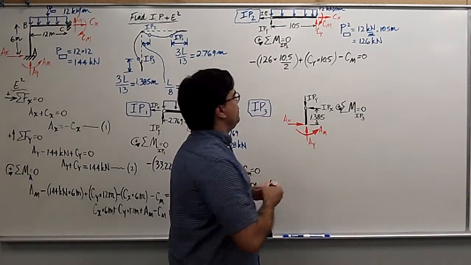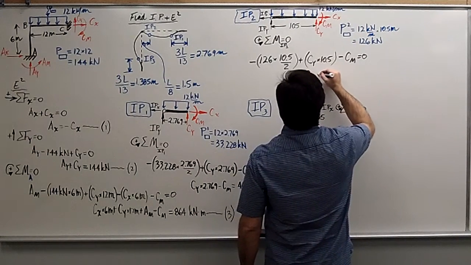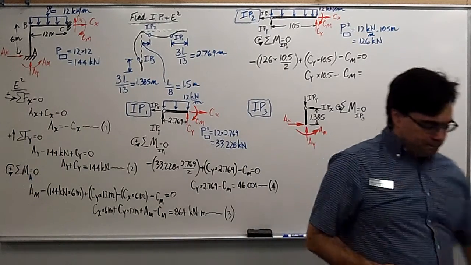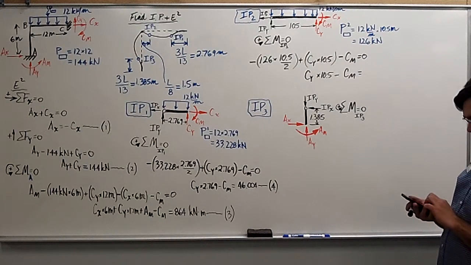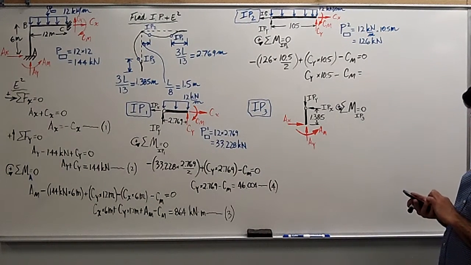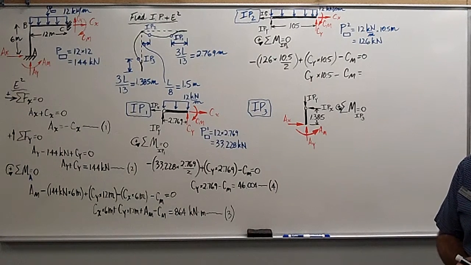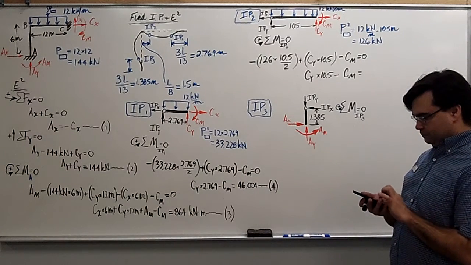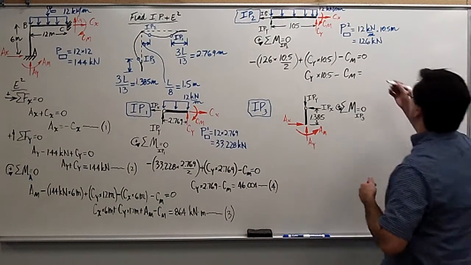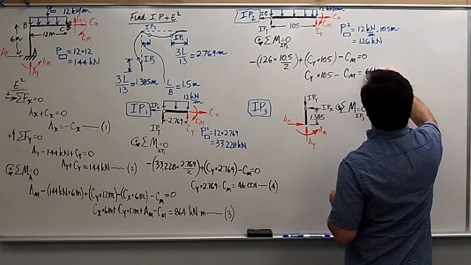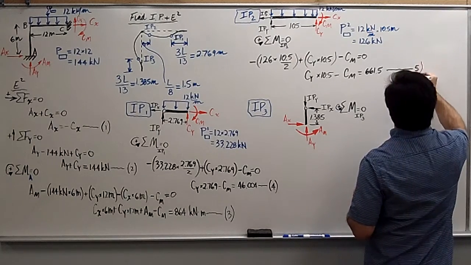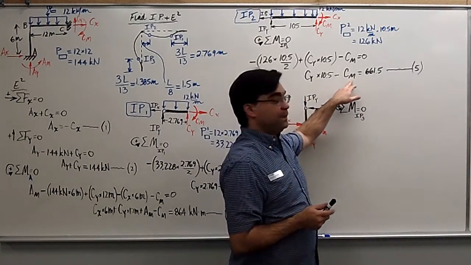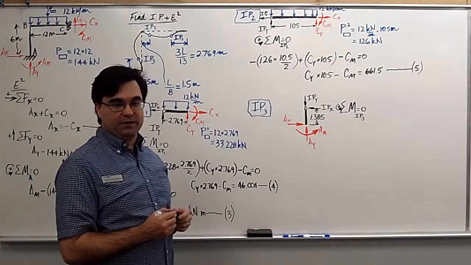So I'm going to rearrange this a little bit. Voila. Cy times 10.5 minus the moment at C equals 661.5.